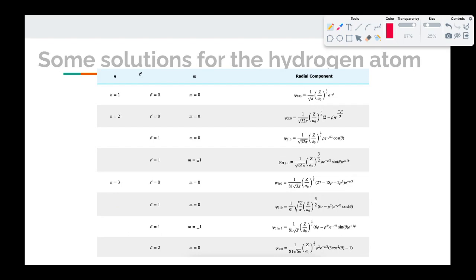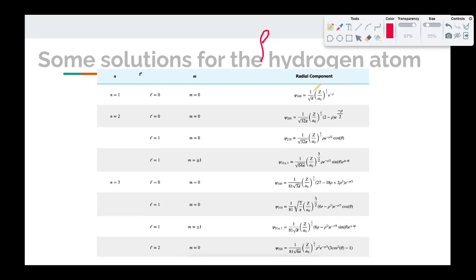Here we can learn a little bit of something. They use the letter rho here instead of R. But look at the solution for when n is 1, L is 0, and m sub L equals 0. Psi 1, 0, 0 is 1, a constant, divided by the square root of pi, which is a constant, times Z, which is a constant, that's just the charge in the nucleus, divided by a naught, another constant, raised to 3 over 2, that's a constant, times e raised to the negative rho.